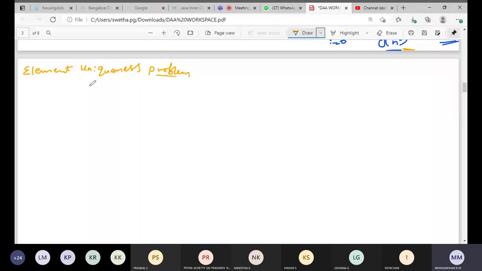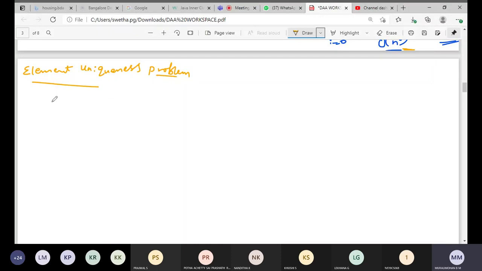So what is our goal here? We should check whether all the elements in the given array are distinct or not. Distinct means elements should not be repeated in the array.